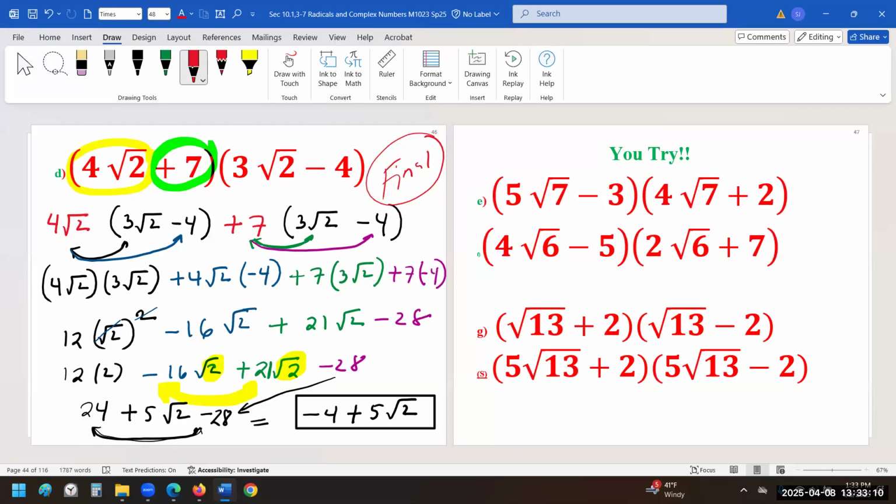Oh man, almost perfect attendance, but only one is missing.